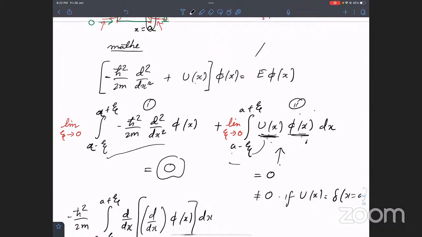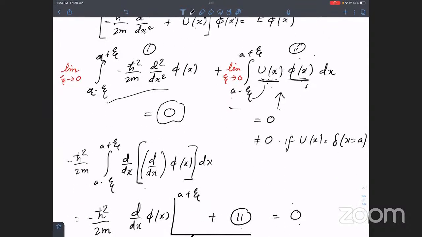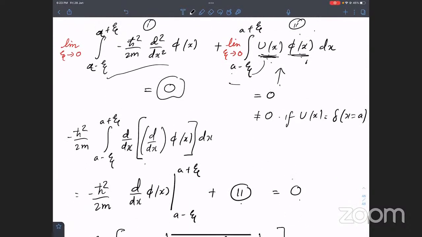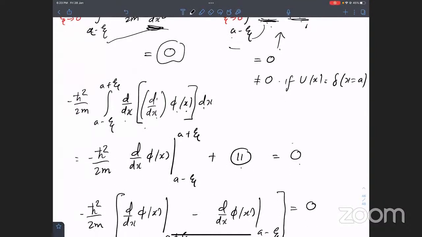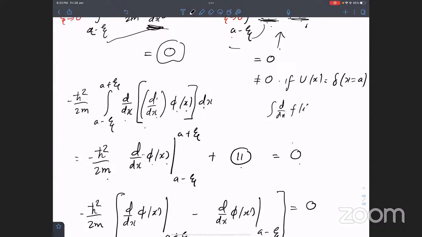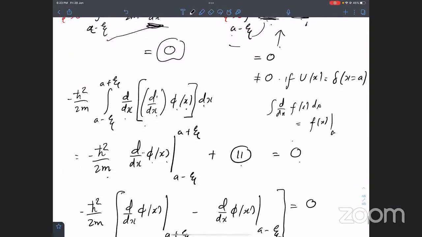Now we come back to the very first term. The first term can be written as minus h square by 2m, integral from a minus zeta to a plus zeta of the double derivative, which is d by dx of dphi by dx. When you integrate this, it is simply d by dx of phi of x. The integral of d by dx of f of x dx is nothing but f of x, from the limits a to b.